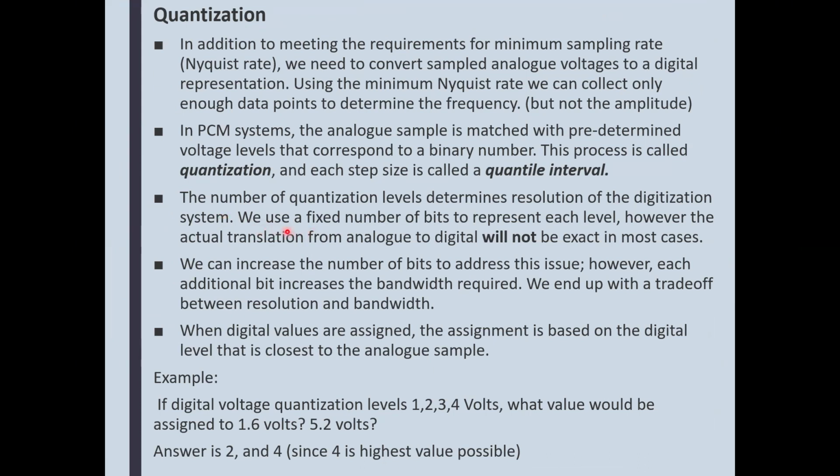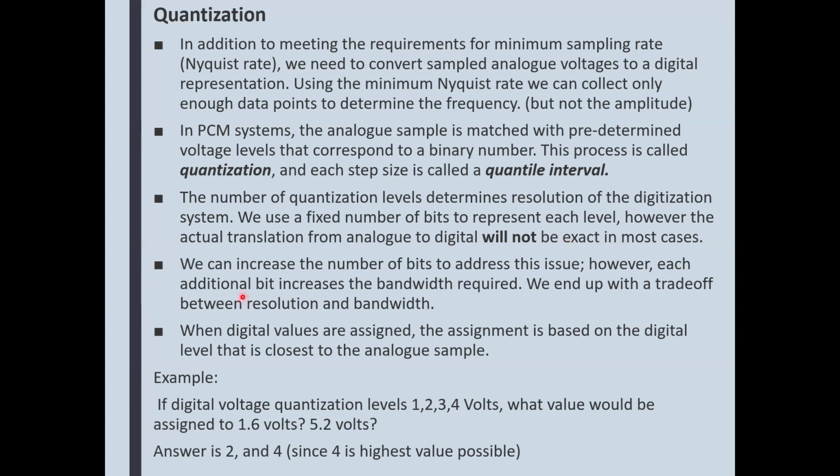We use a fixed number of bits to represent each level. However, the actual translation from analog to digital will not be exact in most cases. You're going to have a little bit of a jitter no matter what you do. However, if you do a very high quality sampling, the technology has gone so far that it's far beyond our human hearing range.